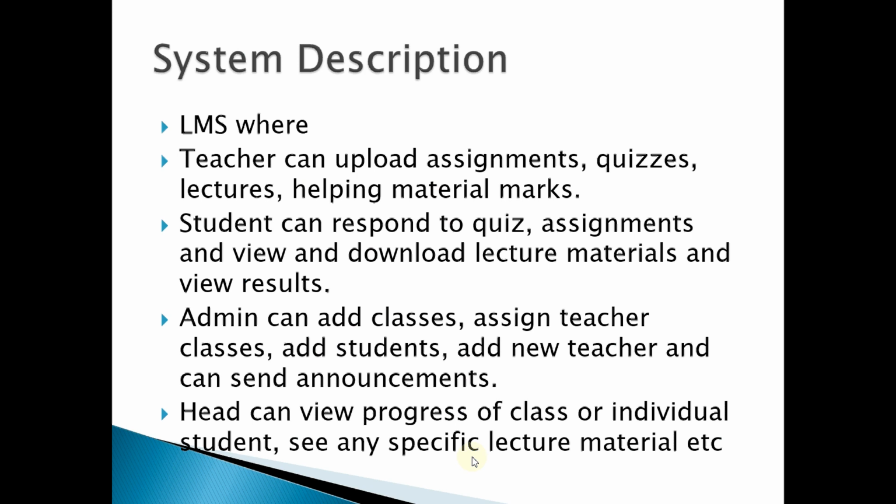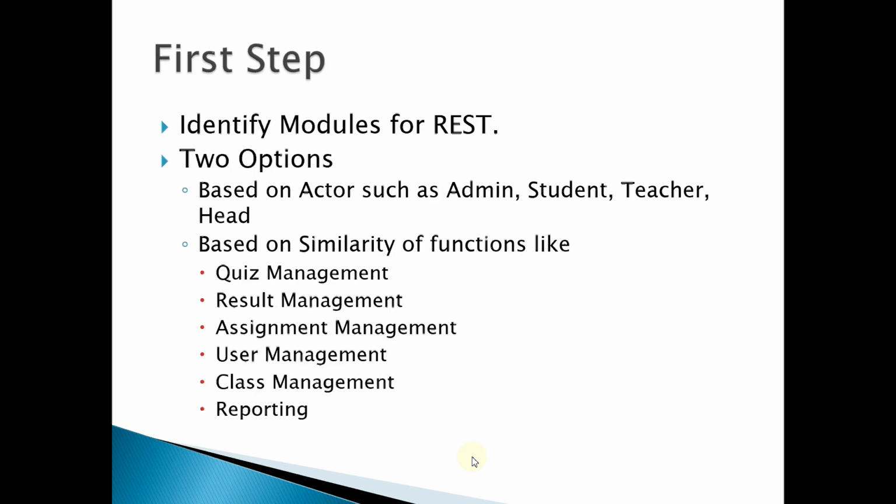There will be a front end, a view end, which will not be covered in our REST API. The view end will be built using React or Angular, while our back end, which is basically the REST API, will be implemented here. So what will be our first step? The first step is to identify our set of routers or modules. So first step, identify modules for REST. We have two options to implement this.